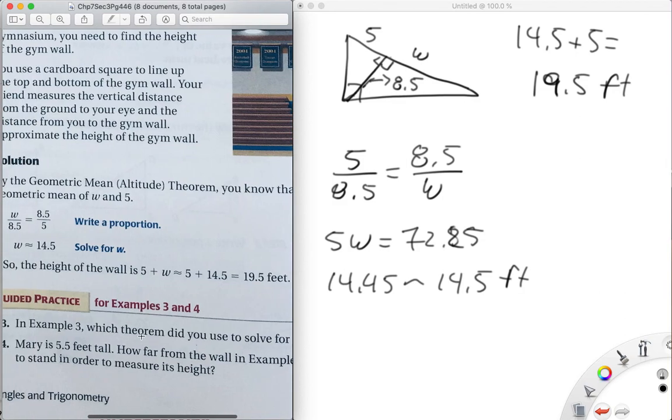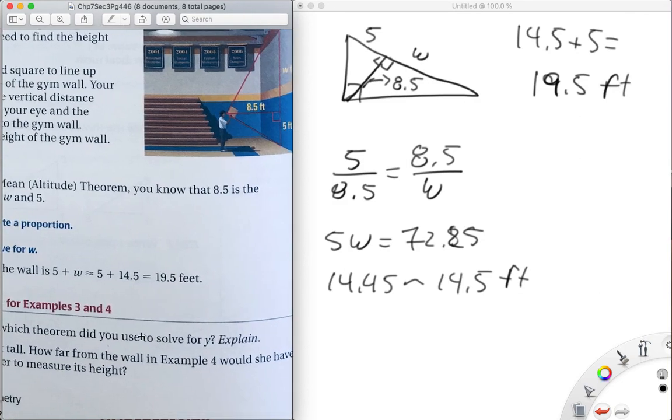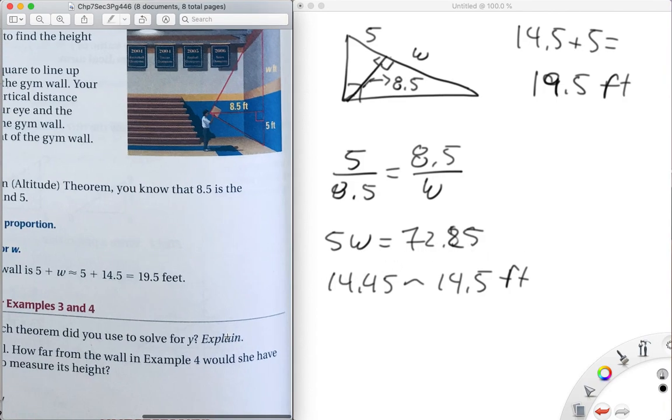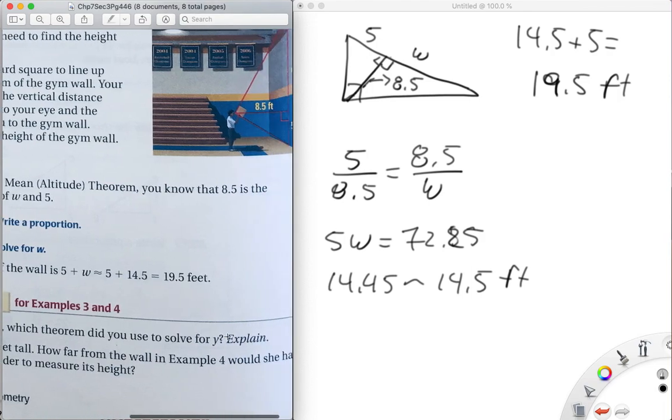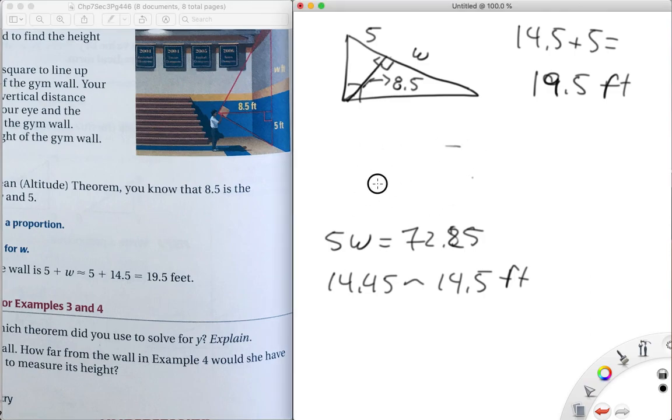All right, if Mary was 5.5 feet tall, how would this have worked? How far from the wall? If she was 5.5 feet tall, how long would the altitude be? So if we change this problem, this is now going to be x.